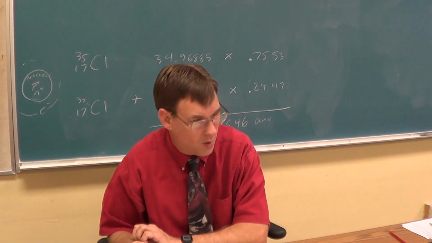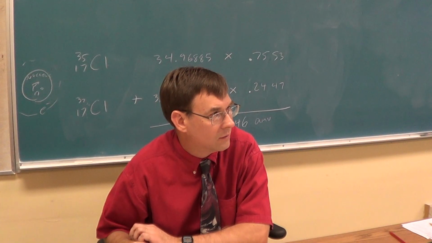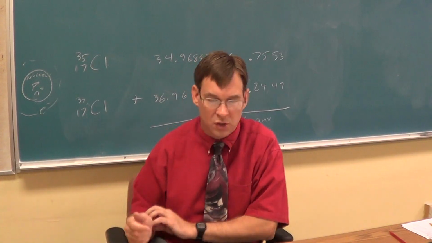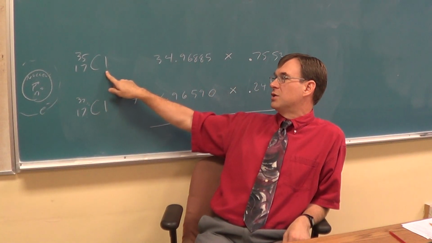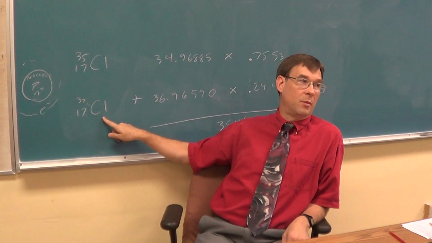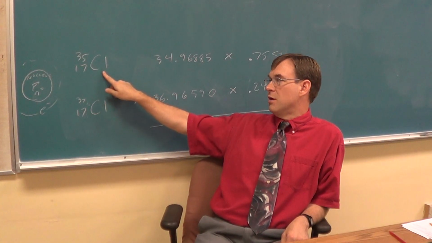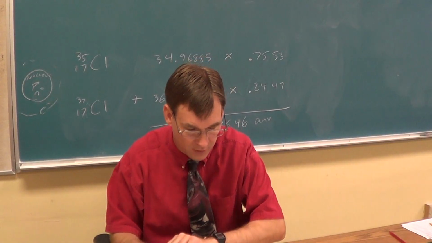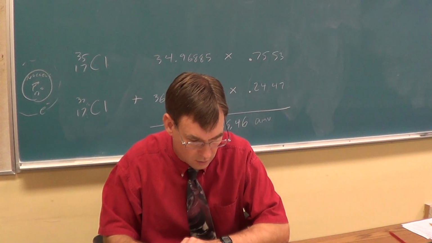What's a physical property? Like the mass. Melting point. So maybe this melts at a certain temperature, and that's gonna melt at a different temperature. This freezes at a certain temperature, that freezes at a different temperature. So the physical properties can be different, but the chemical properties are the same.